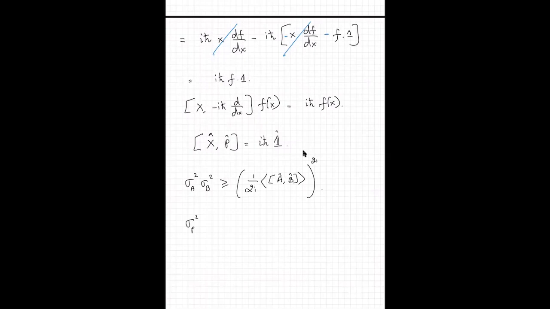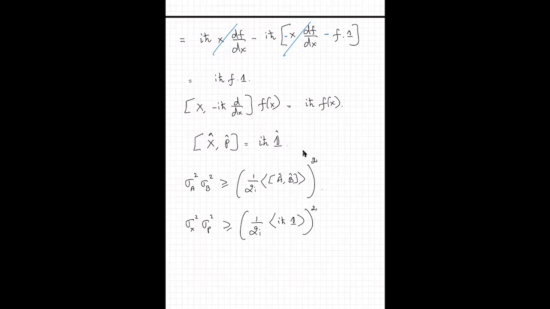Sigma p squared times sigma x squared is greater than or equal to 1 over 2i times the expectation value of the commutator of x and p, which is basically iħ times the unit operator, the whole square.